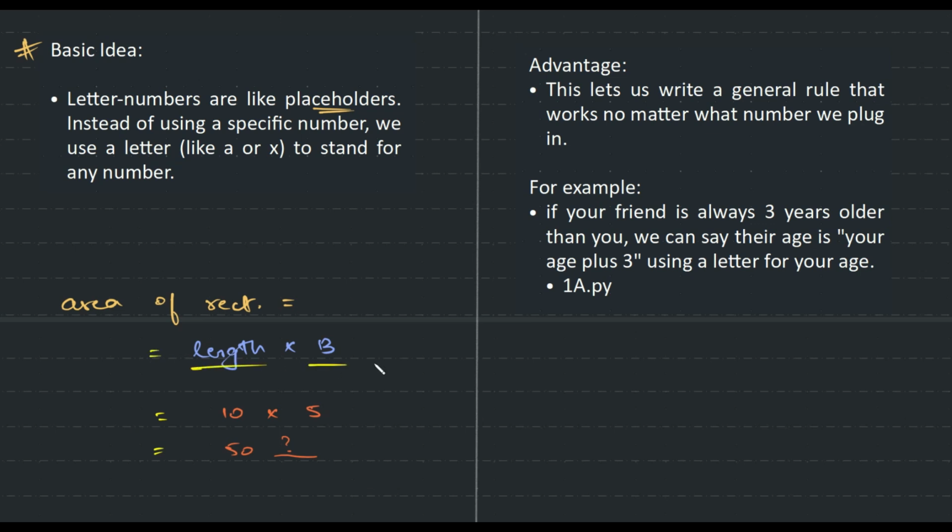These 2 are variables, length into breadth. So these are placeholders. In this space, whatever value we put, after multiplication we'll get the actual area of the rectangle, right?